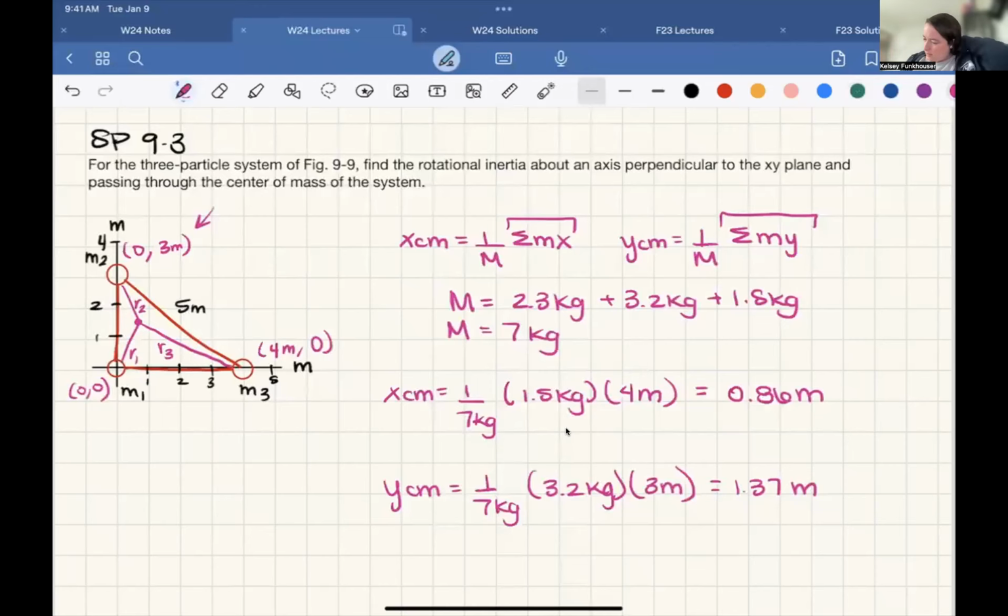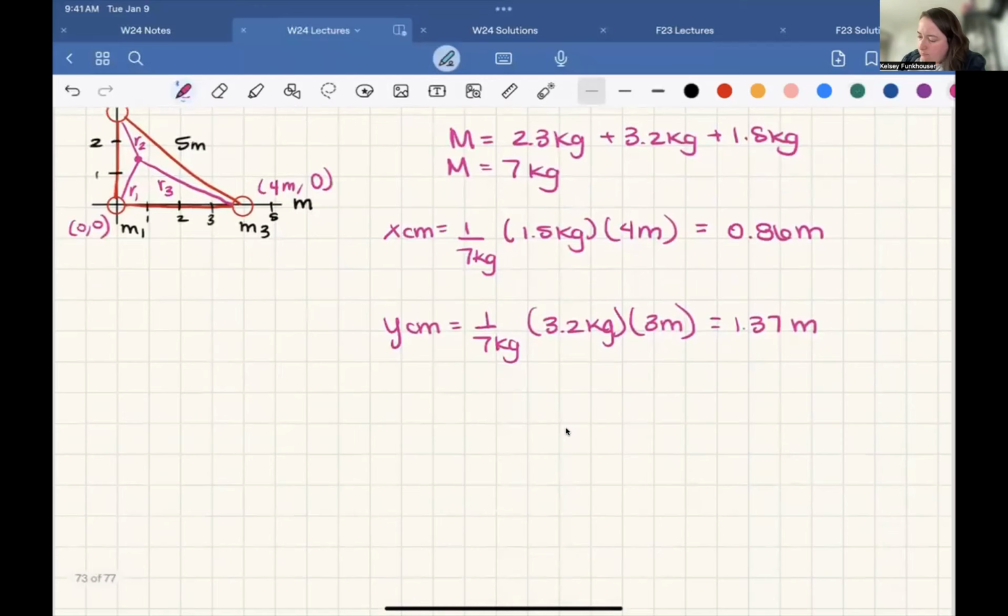Okay, so now let's figure out our distances from the center of mass. So for mass 1, that one's easy because it's at the origin and these are coming from the origin.